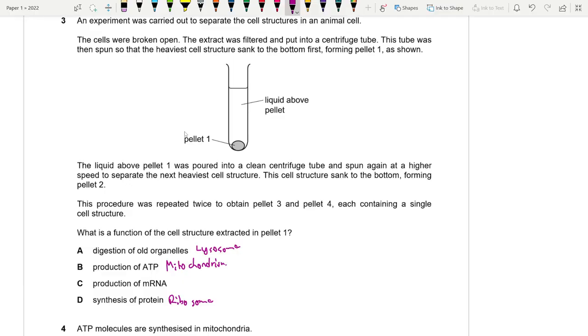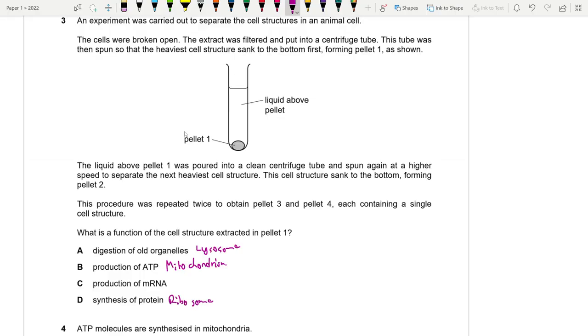Production of mRNA. Basically, the heaviest one sank to the bottom first. So the heaviest one is production of mRNA, basically mRNA production and rRNA production. Ribosomes have two components: rRNA, ribosomal RNA, and protein.